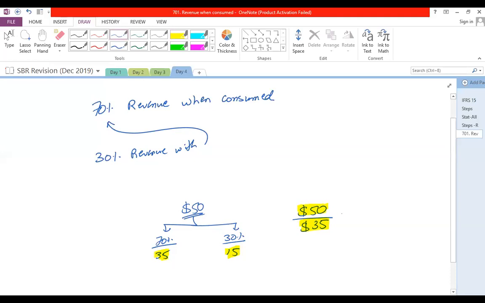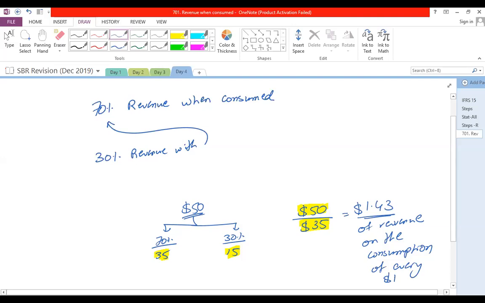So if I divide 50 by 35 using a calculator, that will be 1.43. So we can say that ideally we should be recognizing $1.43 of revenue on the consumption of every $1.